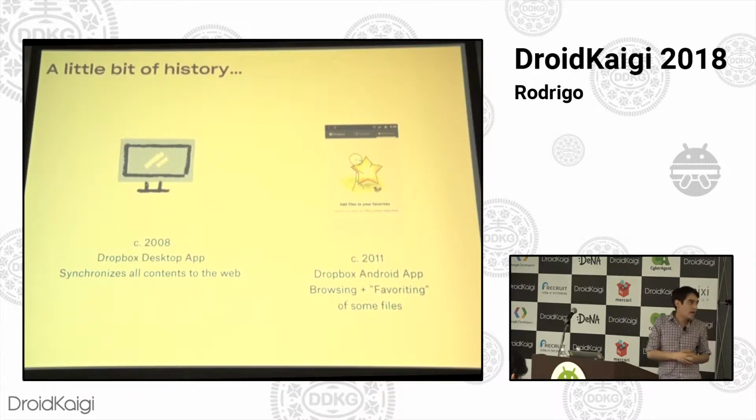Around 2011, we built the Dropbox Android app, and basically it was a glorified browser. The only thing it did was connect to the web, load the directory, and show the list of files, and obviously preview whatever. Then we added a very basic feature called favoriting.